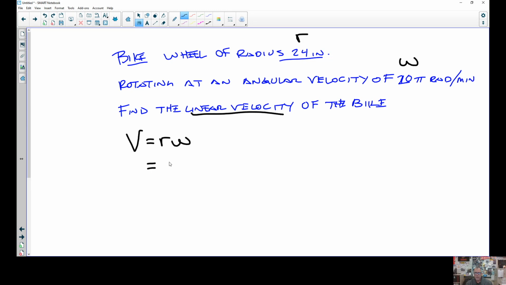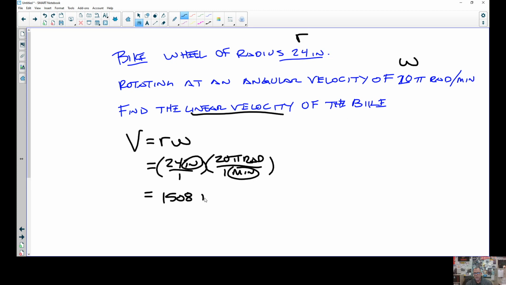So our r value is 24 inches times our omega of 20 pi radians per minute. So what do we end up with here? Well, 24 times 20 pi is 1507.96. So let's say 1508. That's 1508. And what are our units on this?